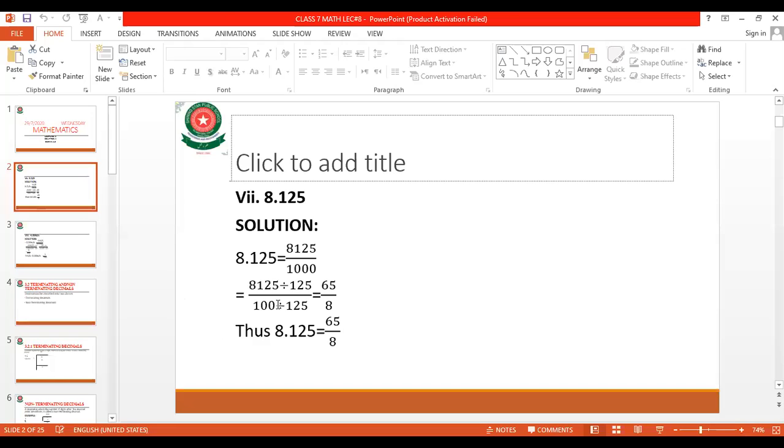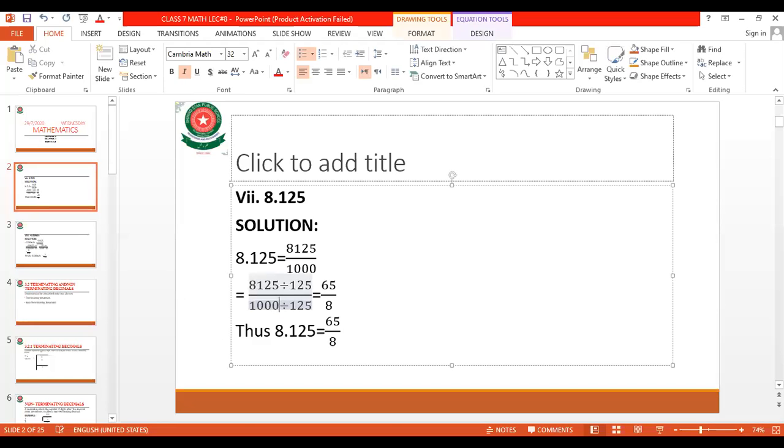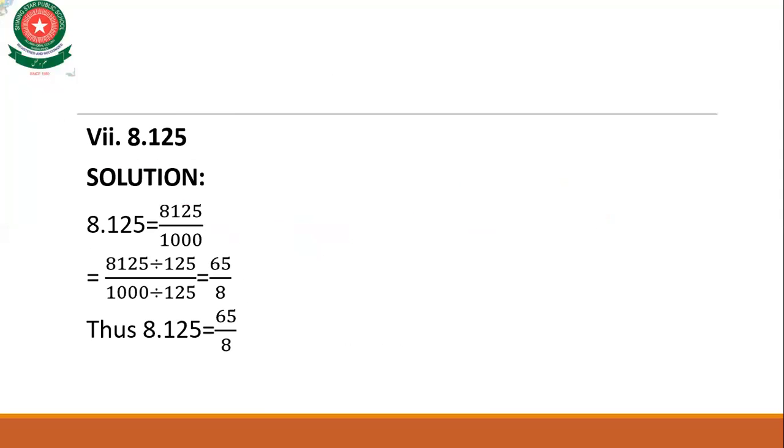Same as, when we divide 1000 by 125, we get 8. Now, after reducing the equation, we get 65 by 8. So that is our answer: 8.125 is equal to 65 by 8.